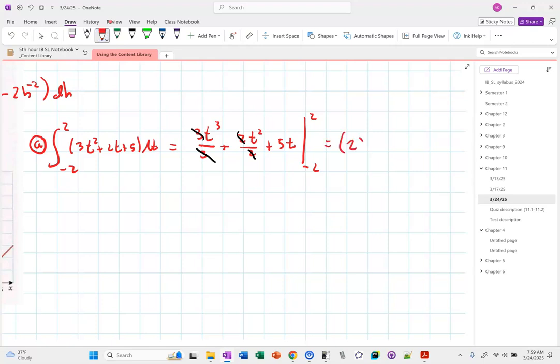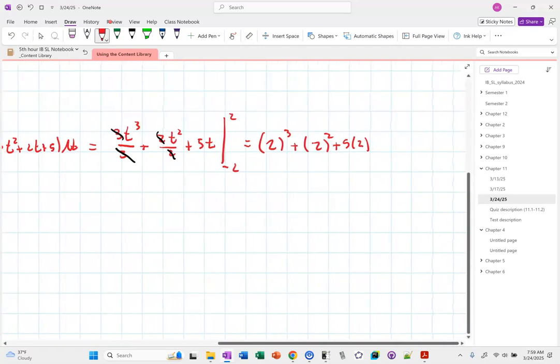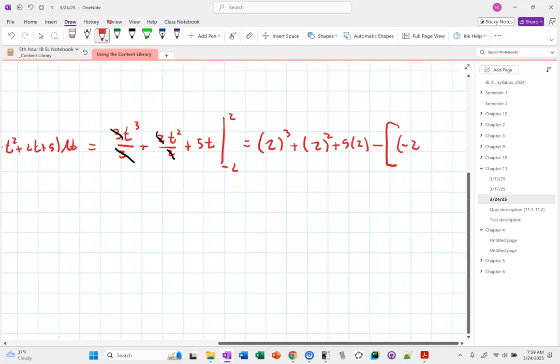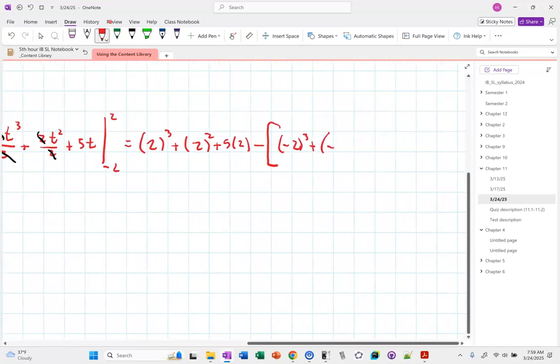So we're going to have 2 cubed plus 2 squared plus 5 times 2, minus, and then I have to make sure I'm subtracting the whole thing, -2 cubed plus -2 squared plus 5 times -2.